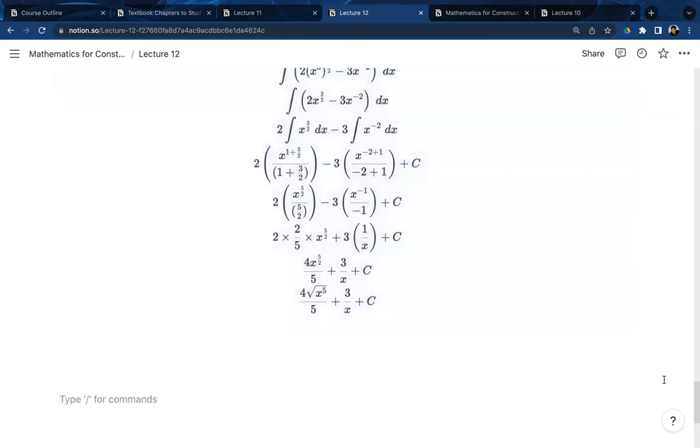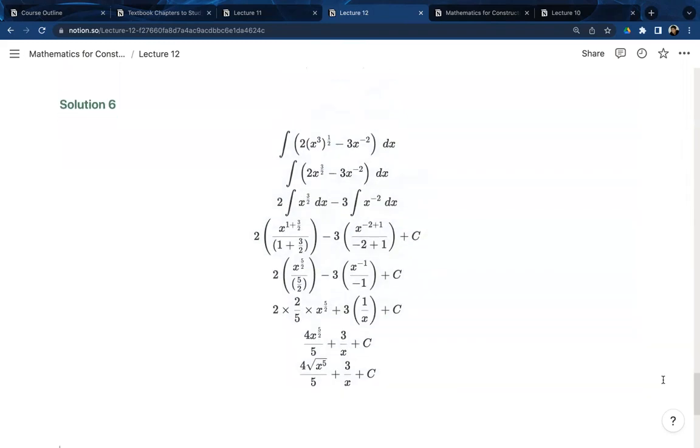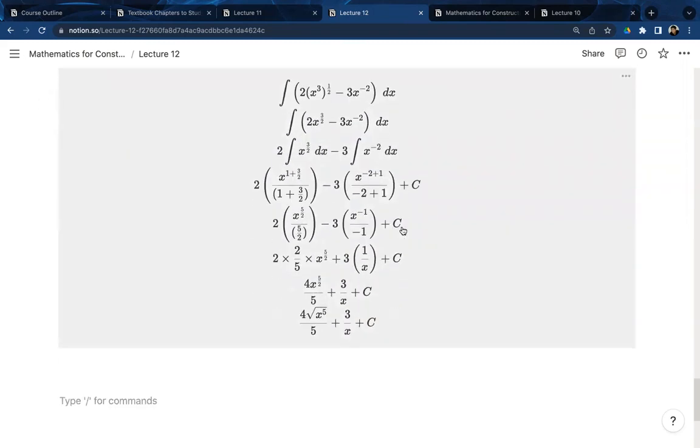So this looks like the actual answer here for something like this. To test your answer, if you differentiate this here, you will get back the original function, which is up here, right?